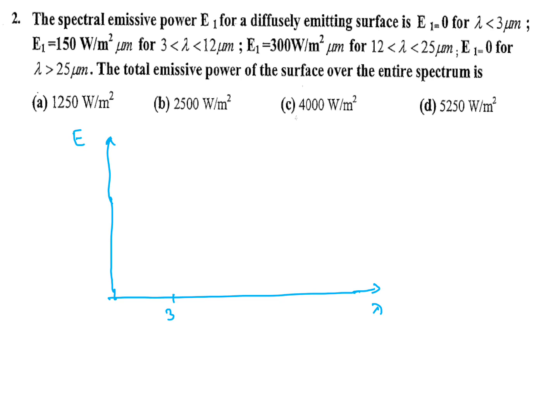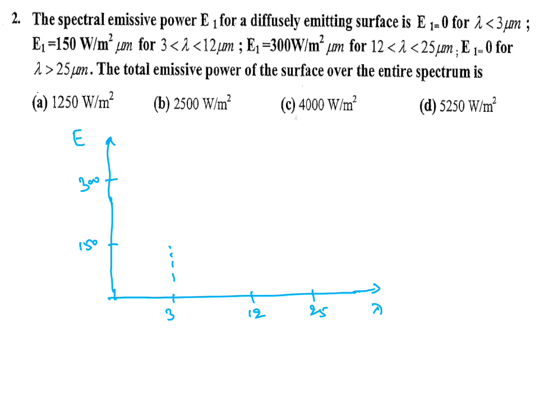At 3, then 12, 25. Eλ equal to 0 for lambda less than 3 micrometer. After that it's 150, then it's 300.